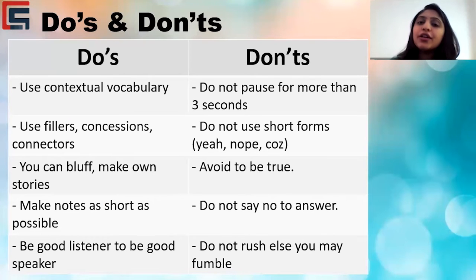Some of the do's and don'ts that we need to follow in our IELTS speaking module is, firstly, we'll be talking about all the do's. You need to use contextual vocabulary. Now, what is contextual vocabulary is when you are talking about a specific topic, you should be having words related to that topic. For example, if I'm asked that, do you like traveling? Where have you been lastly?